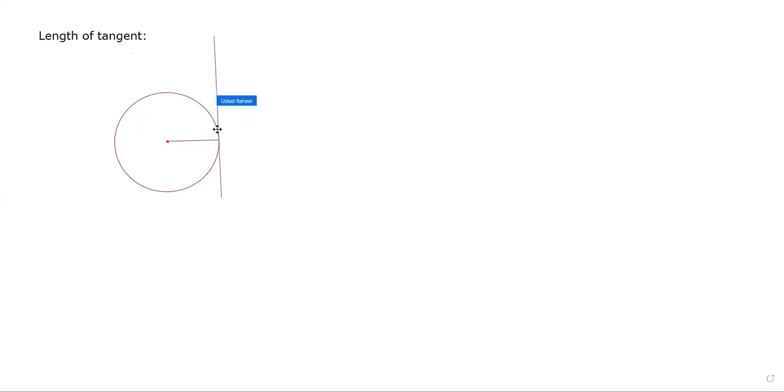This is the tangent line. This is the radius of the circle, and this point is the center of the circle, right?